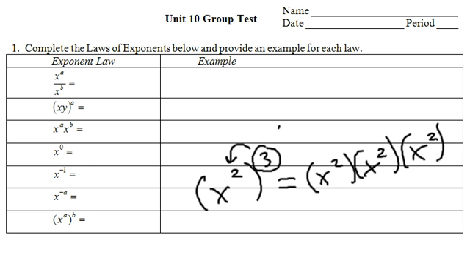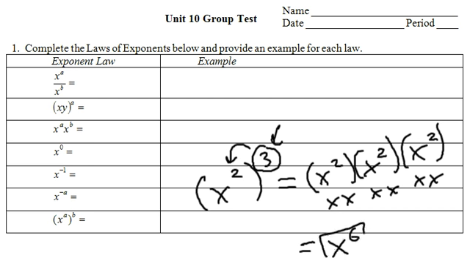Now if you count these, there's 2 x's here, because this is really x times x. This one's also x times x, and the final parentheses, another x times x. So the total power of x we have is 1, 2, 3, 4, 5, 6 x's being multiplied, and so the final answer is x to the power of 6.